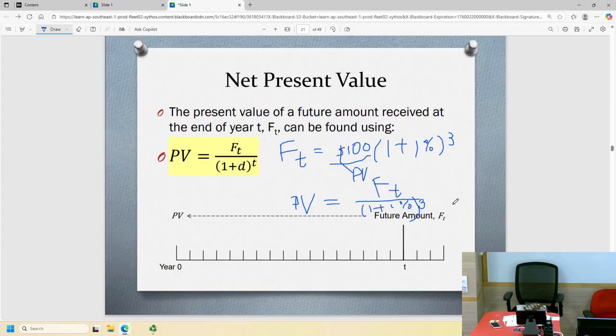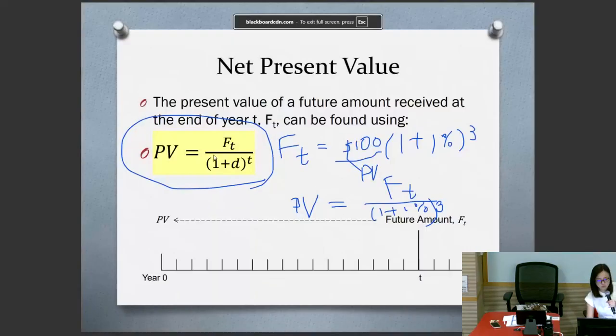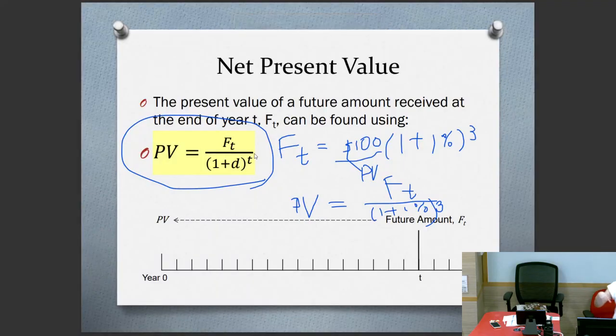But for me, the interest rate is just like my discount rate. So this equation is exactly this equation: the present value equals the future money divided by 1 plus the discount rate, to the power of t. t is the number of years.